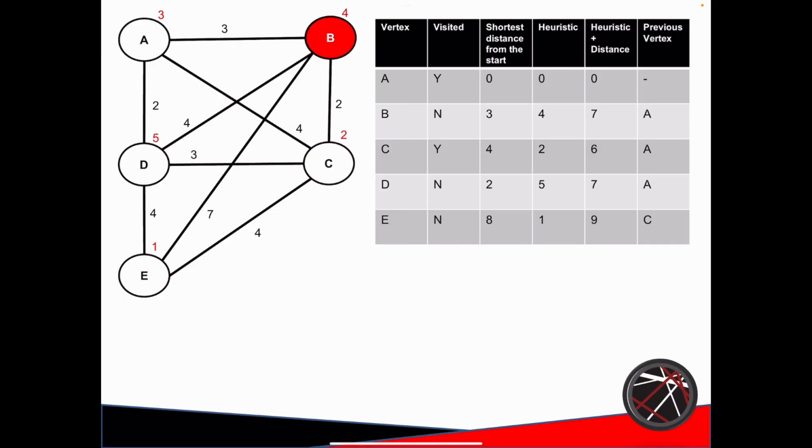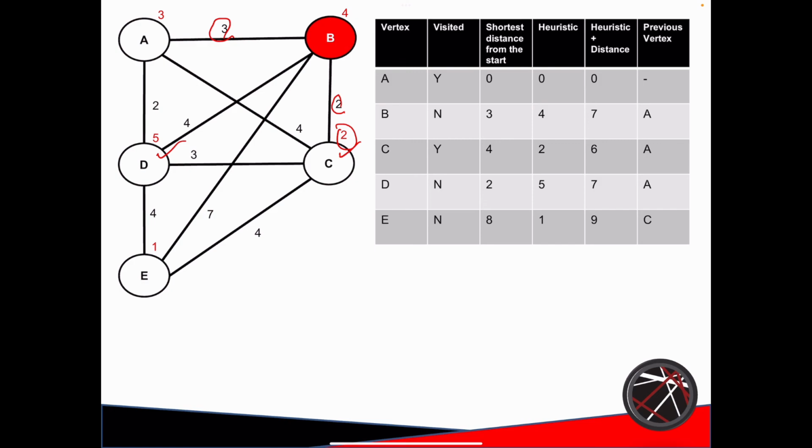Okay, so now we're at B. So with B, we will consider the original value we had plus, again, moving on. So from B, we can get to both C and D. To get to C, we'll come as our 3 plus the 2, so the 3 there that we had, plus the 2 as well, so therefore a cost of 7.